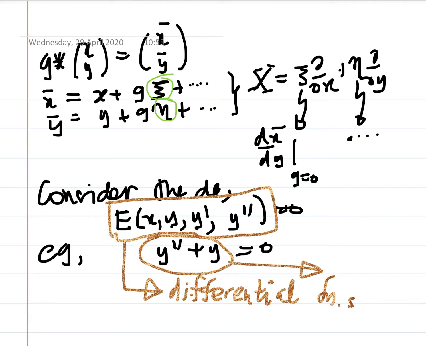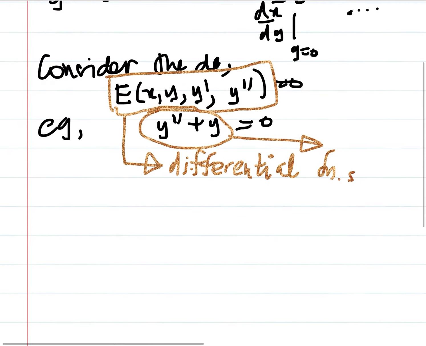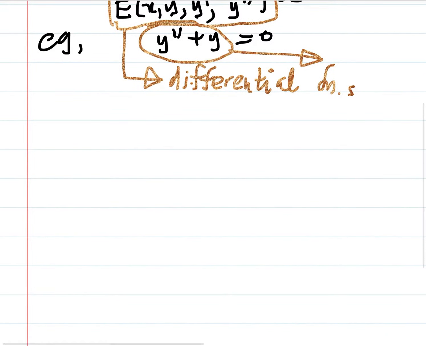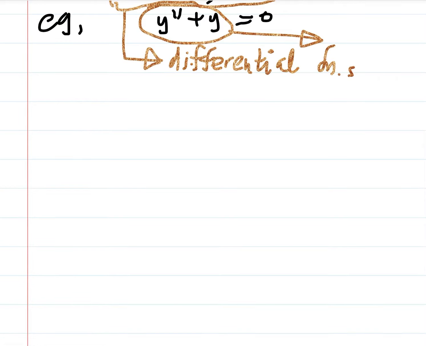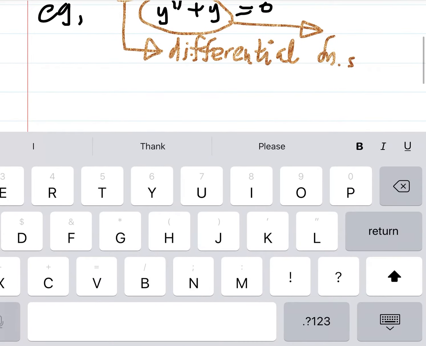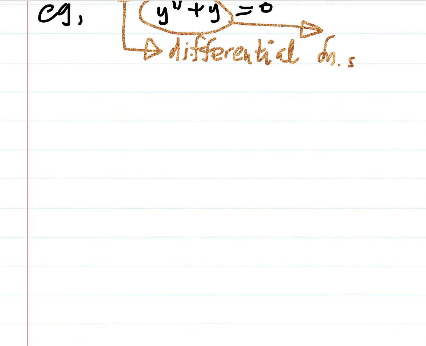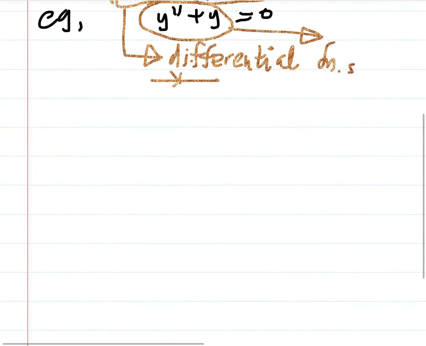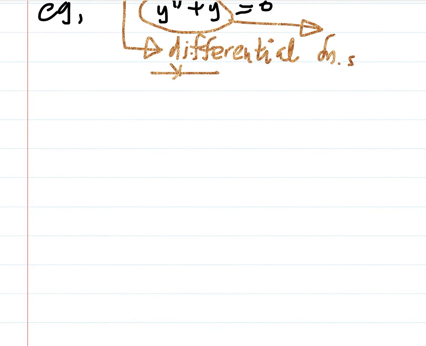But to do that, we need to extend our understanding of the manifolds that we've been looking at thus far. Keep in mind that what we have here that's different from before is the fact that this y is no longer an independent variable from x.